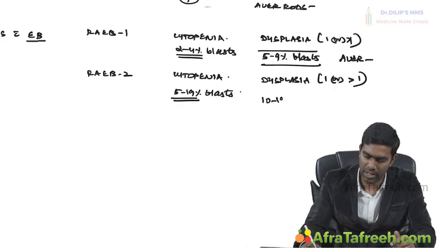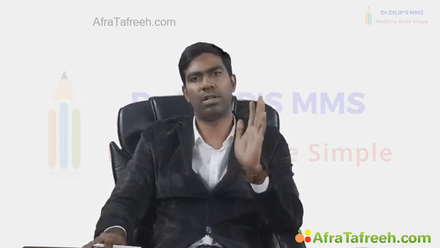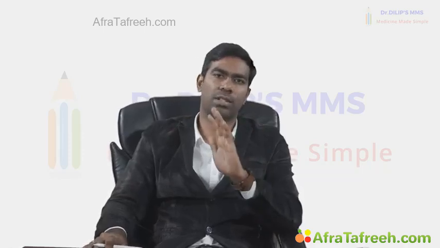Here you are going to see 10 to 19% blasts. At the same time your Auer rods will be negative. So excess blast means, remember, almost every single MDS patient will have less than 1% blasts in the peripheral smear and less than 5% blasts in the bone marrow. But only this excess blast category will have more than 1% blasts in the peripheral smear and more than 5% blasts in the bone marrow. Very important point.